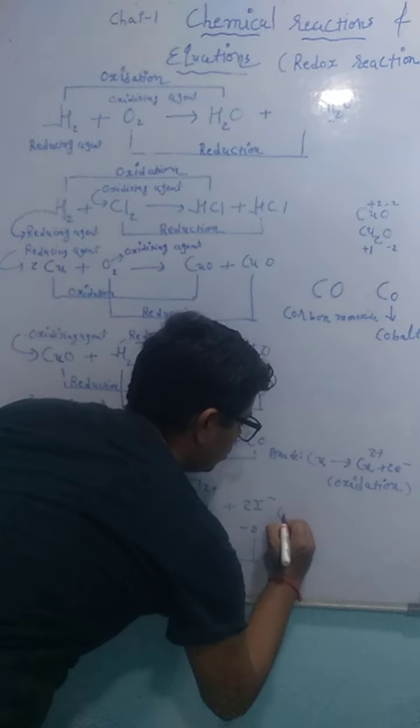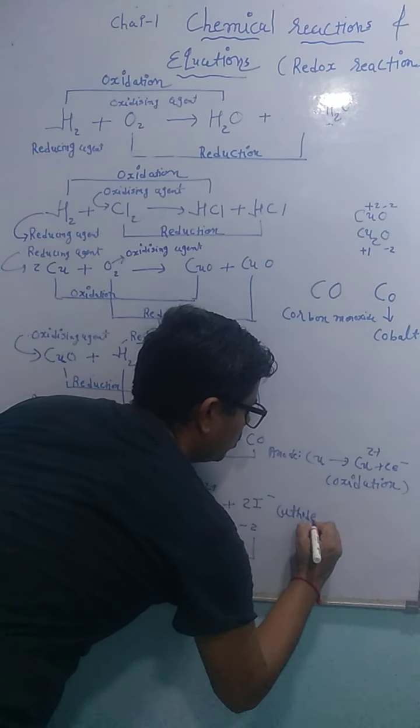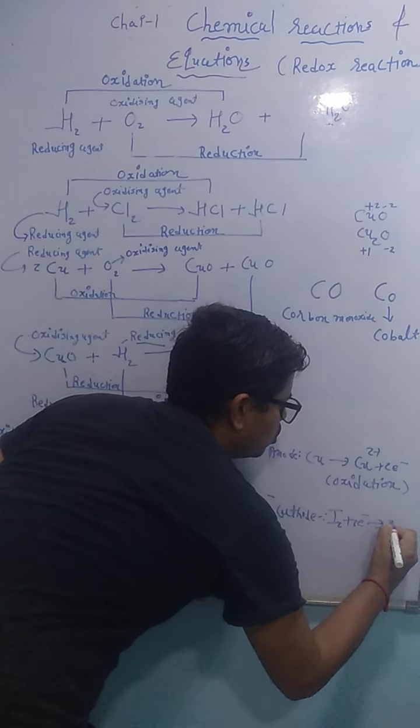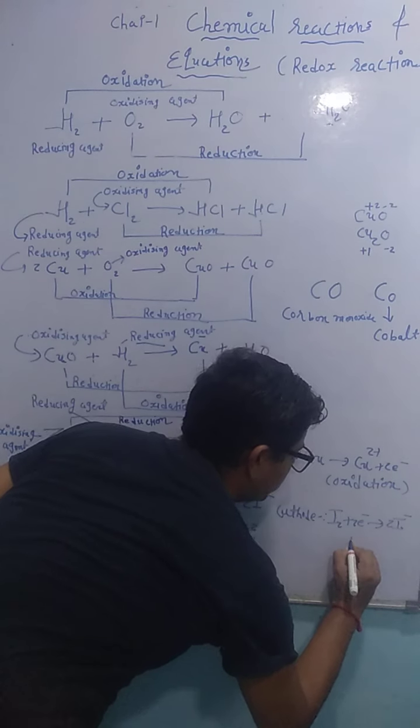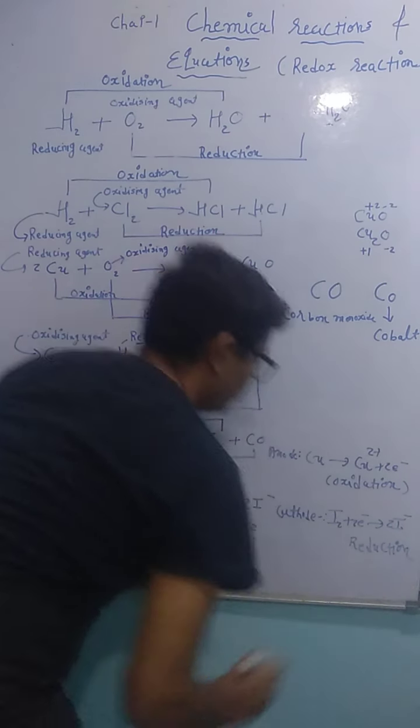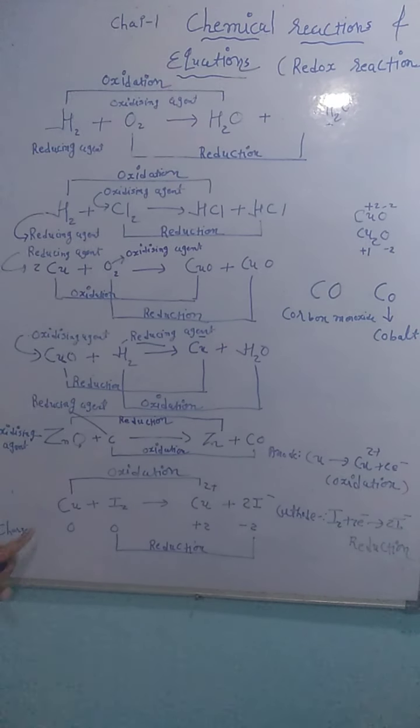So at the cathode, I2 gets 2 electrons and converts into 2I minus. This reaction is called a reduction reaction. So copper is undergoing oxidation, so copper is the reducing agent.